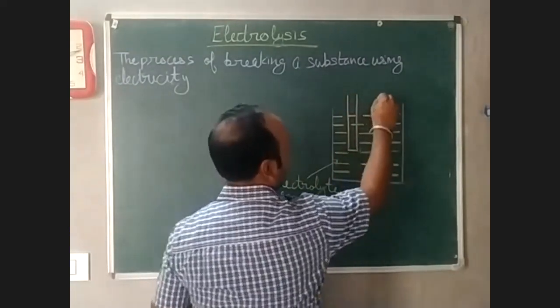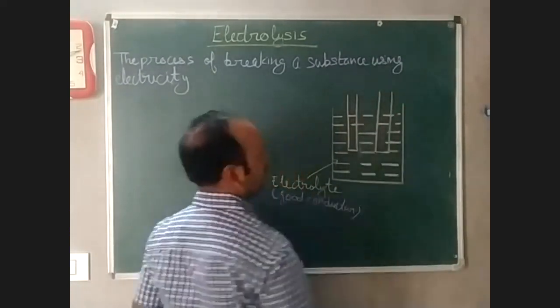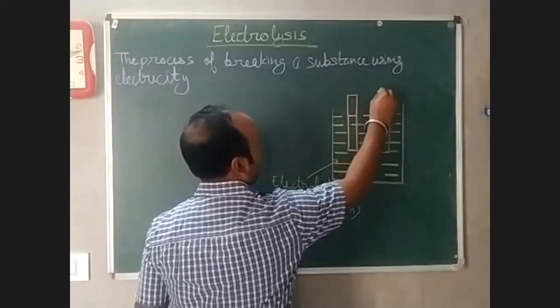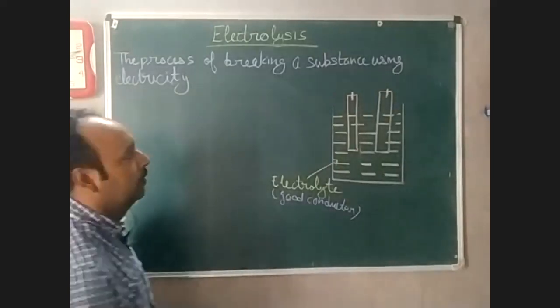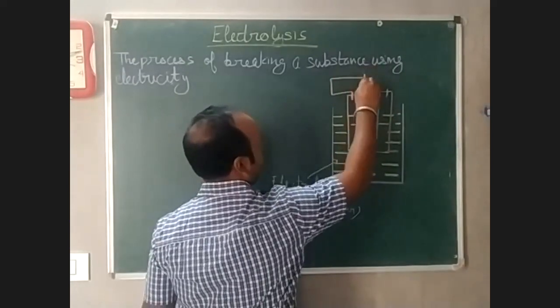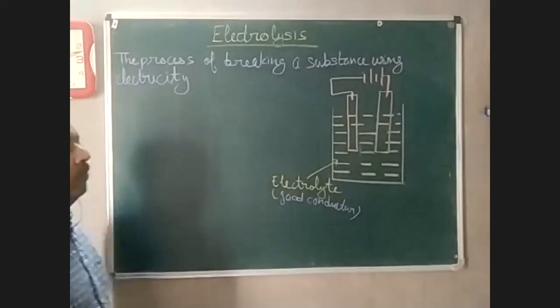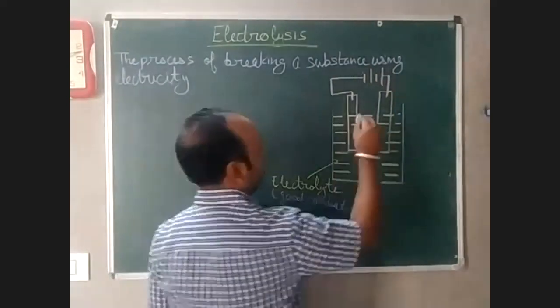One here and another on this side. Now these two rods should be connected to the two different terminals of the battery. That is, one should be connected to the negative terminal, another to the positive terminal.